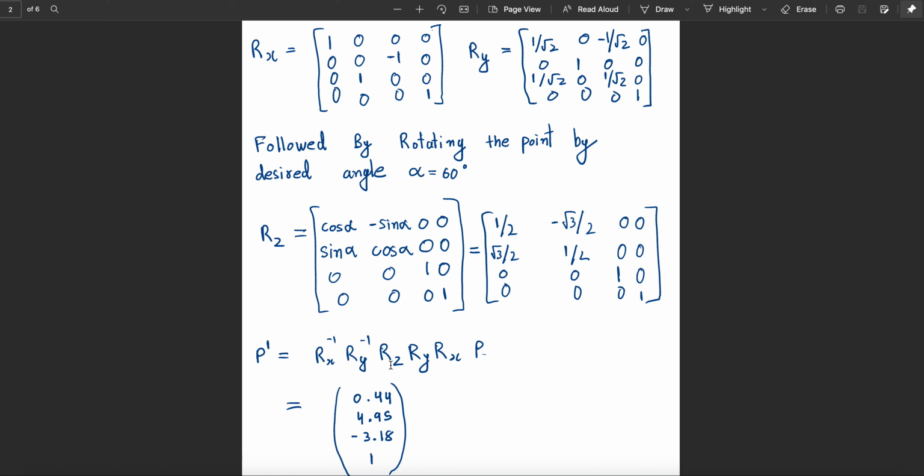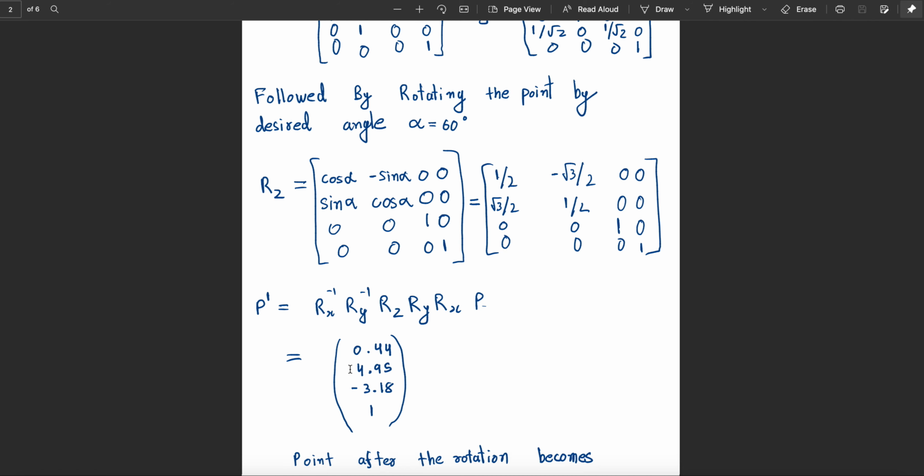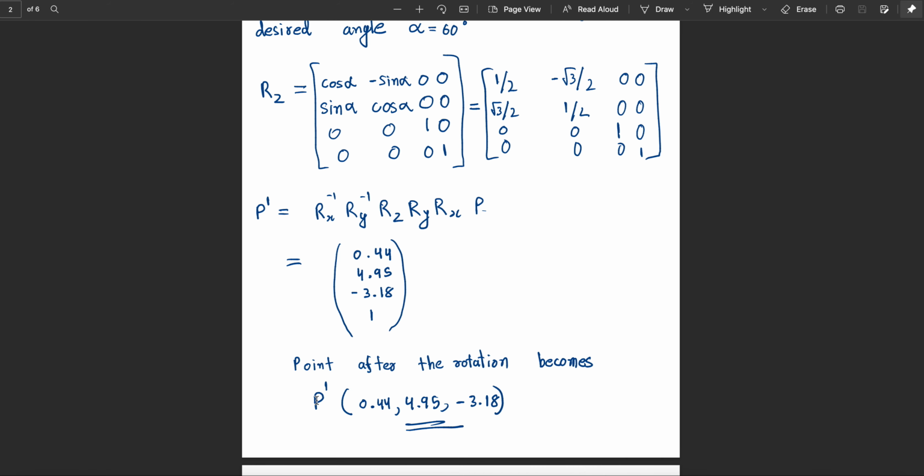Then we rotate it by the desired angle using the Rz, and then we put it back to where it belongs using Ry inverse and Rx inverse. So finally, we get the coordinates for the point after the rotation to be 0.44, 4.95, and minus 3.18. So that was the first question.